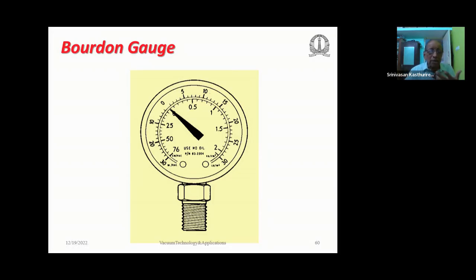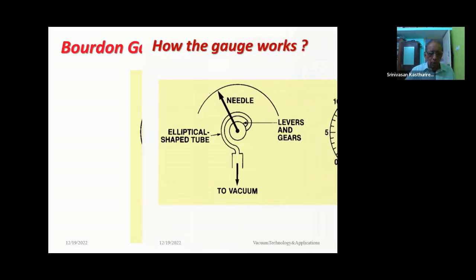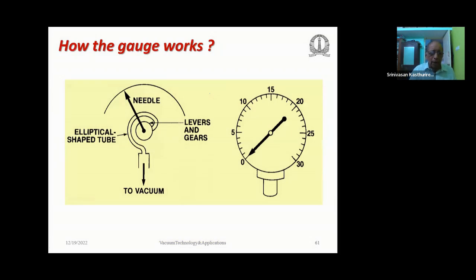How does the Bourdon gauge look inside? It contains an elliptical shaped tube, closed at one end, and the other end is connected to the vacuum zone. As you keep evacuating, there is a distortion of the elliptical tube.